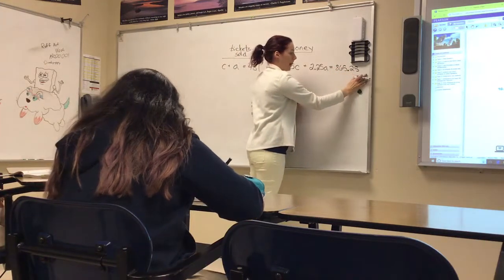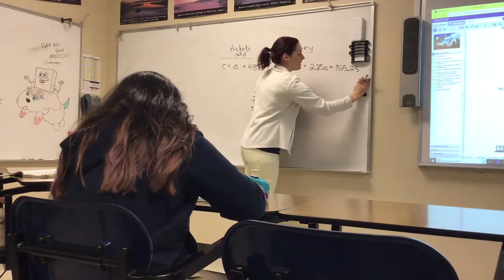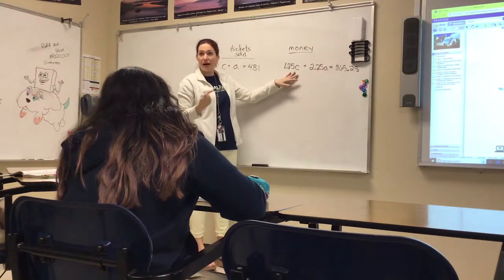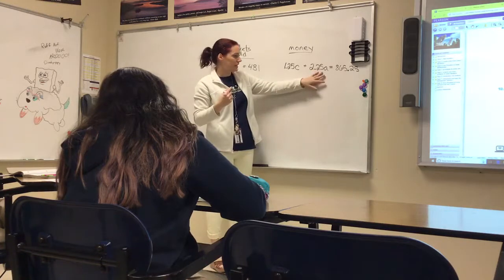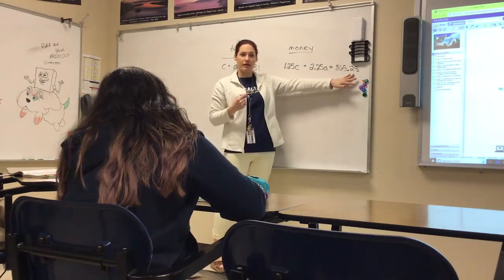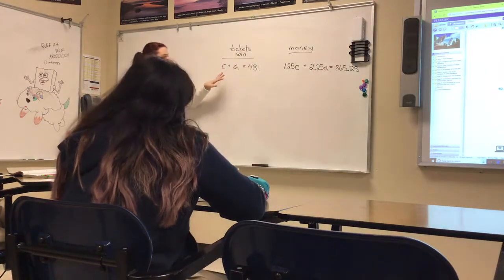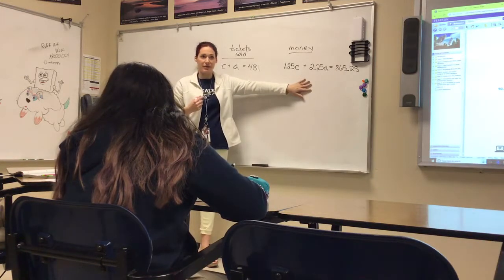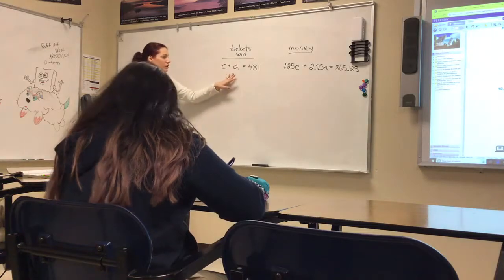So here's my children ticket money brought in, plus my adult ticket money coming in is my total money. I don't want to solve that one, that's a terrible mess. So we want to solve this one.